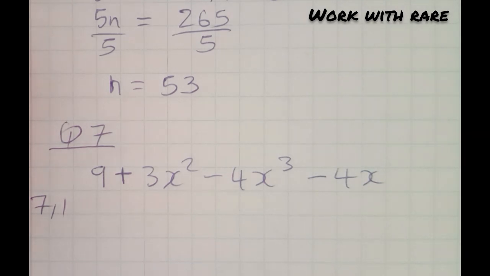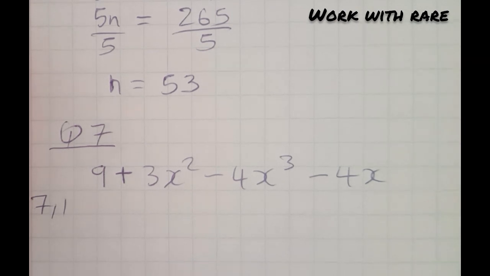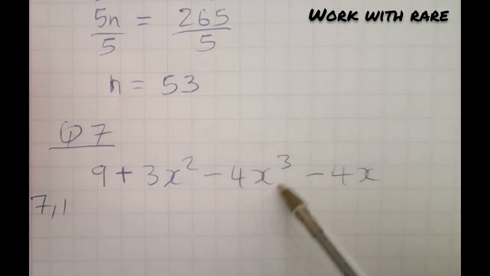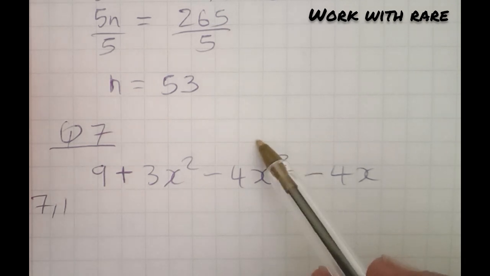When we write this in descending order, remember, it is from high to low, the biggest to the smallest. But here we have expressions, so I will have to start with the highest power.